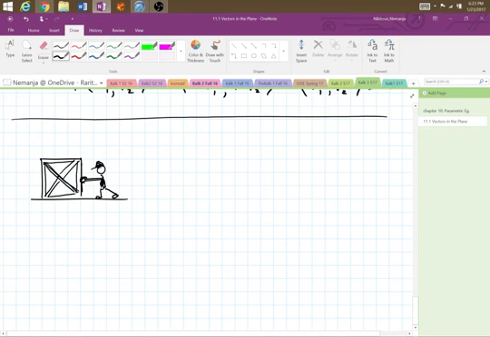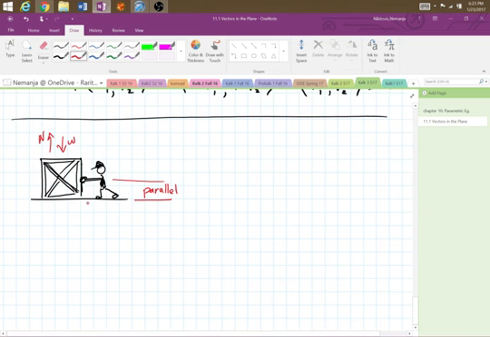So pushing forward, this is what I was telling you about. As long as this and this are parallel, all of the force goes towards pushing the object. Now, the weight of the object will still push down, which creates normal force up.